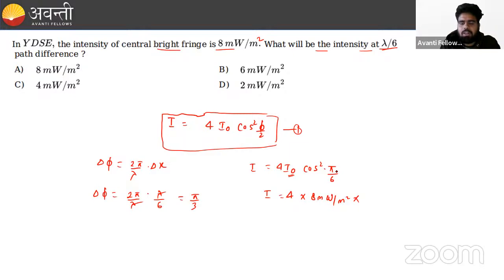And we know that cos pi by 6 is root 3 by 2, whole square. So if we solve this, it will become 4 into 8, and this will become 3 upon 4. So in this manner, we can find this value.